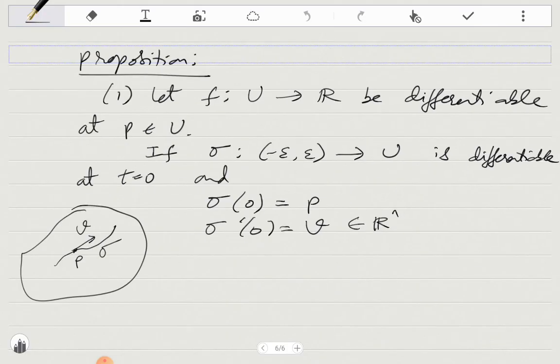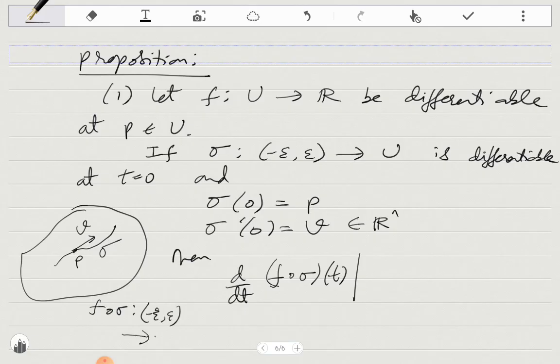Then, if so, d by dt of f composed with sigma of t, again f composed with sigma is a function from minus epsilon to epsilon into R, at t equals 0, is exactly equal to the directional derivative of f along V at P. That is one thing.